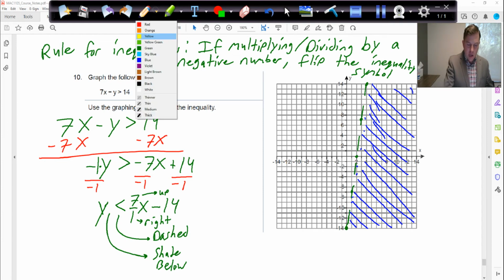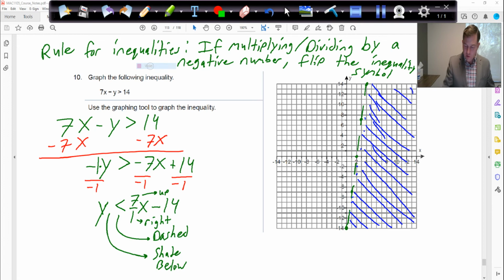Now, why is it dashed? Let's see that. Let's pick one right on the line. In fact, let's pick this right here. That's an x value of 2, y is 0. So that's on the line. And let's plug it into this original equation. So we plug in x is 2, y is 0, and we get 14 minus 0, or 14.